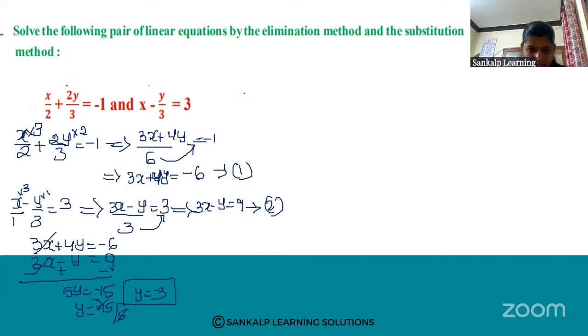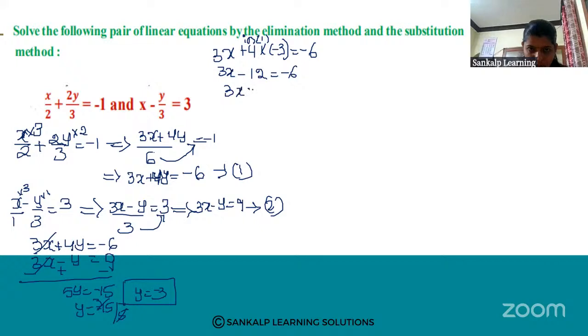Now, substitute the value of y in equation number 1. 3x plus 4 into minus 3 is equal to minus 6. In equation 1, I am substituting. So 3x minus 4 into 3 is 12, plus into minus is minus, is equal to minus 6.